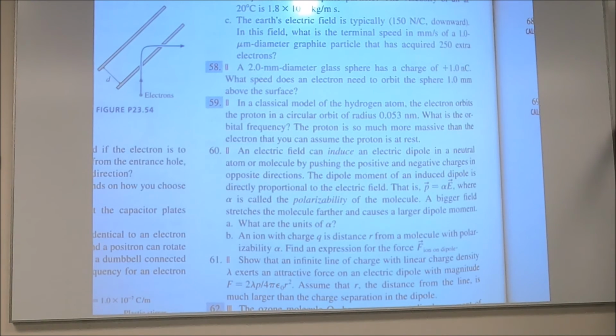So R, the radius of the sphere, is 1 millimeter, and little r, the distance from the center of the sphere to the electron, is 1 millimeter plus 1 millimeter, or 2 millimeters. Okay? So there's the pieces of information that we need, and we're asked for v, the speed.